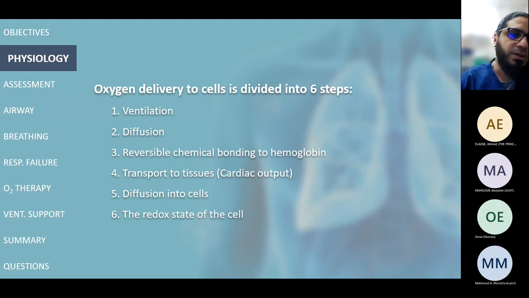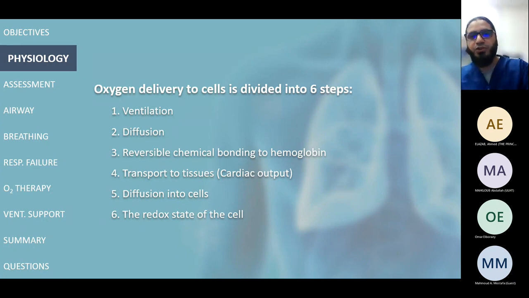And the next step is the oxygen will go across the alveolar capillary membrane to the blood, a process called diffusion. And then the oxygen will bind to hemoglobin in a reversible chemical bonding, which will be reversed at the level of the cell. The oxygen needs to travel from the lungs to the cells with the support of the heart. And this is the function of the cardiac output that we spoke about in the previous lecture about the management of shock.